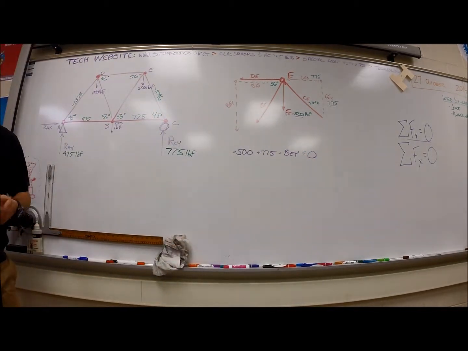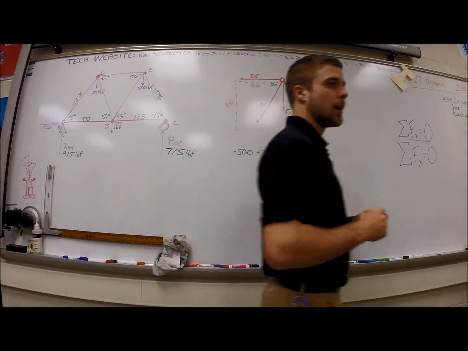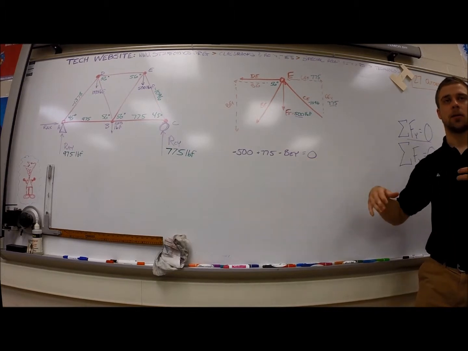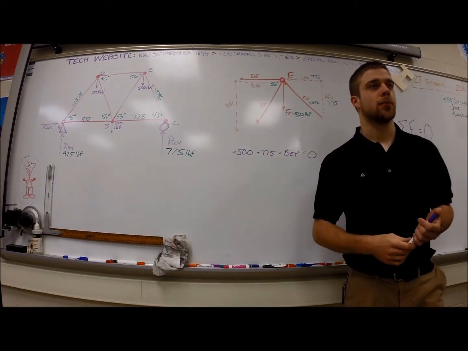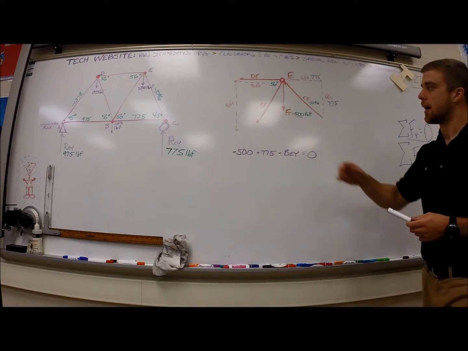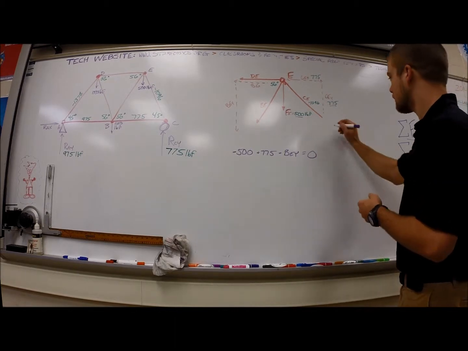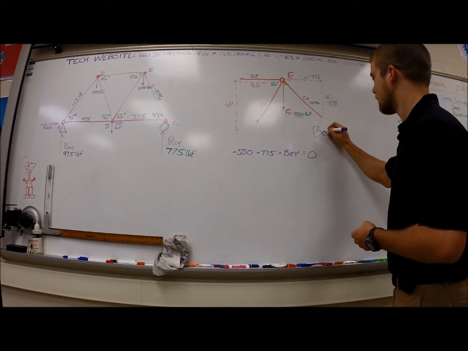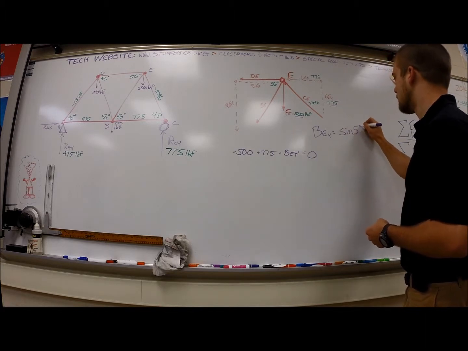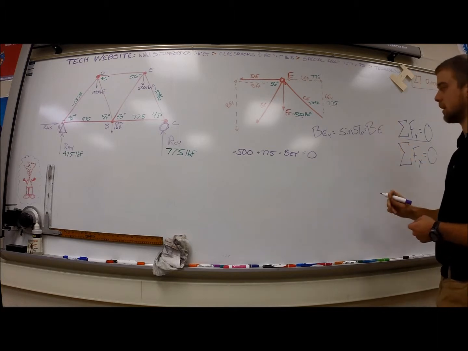And yesterday, our technique here was to take the component of the vector and rewrite it so that we're expressing it in terms of BE. And so if BEY is our opposite from the angle, then it's going to be equal to sine of the angle times BE.